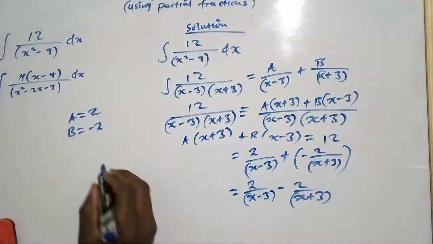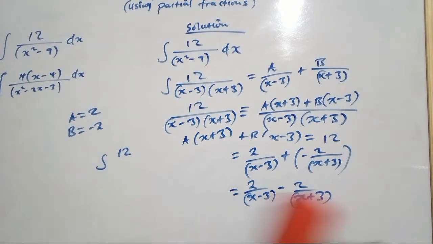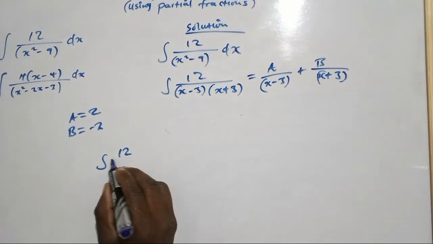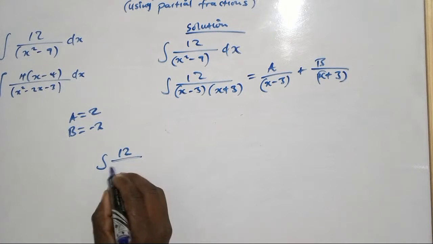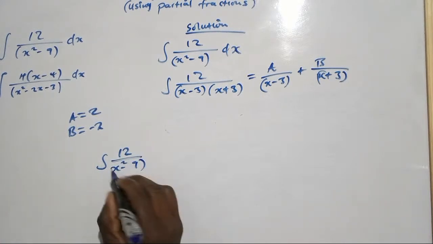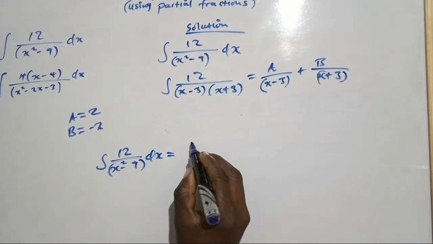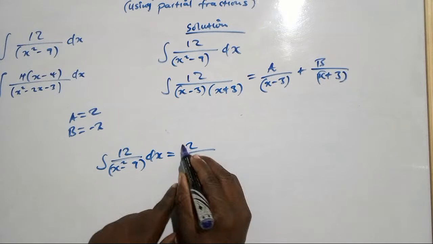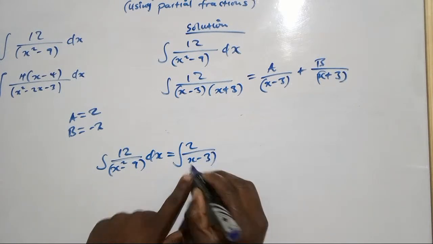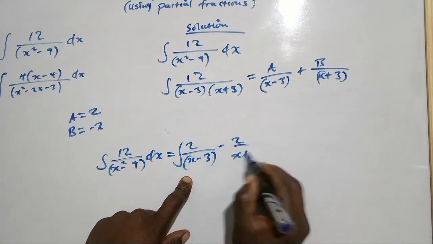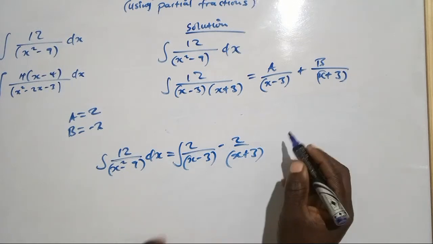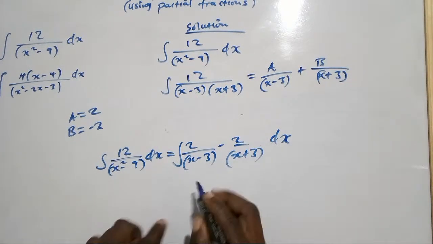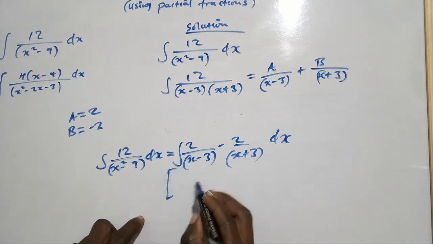We're going to take this question, the integral of 12 over x squared minus 9 dx, which should be equal to, we found that our A is 2 over x minus 3, then minus 2 over x plus 3 in the bracket, then dx.